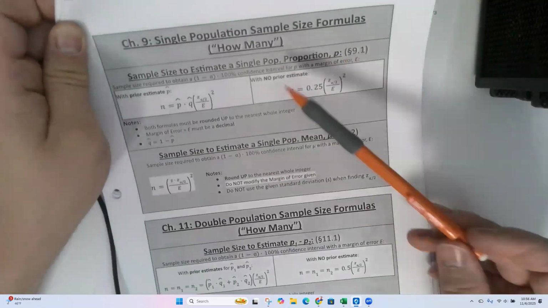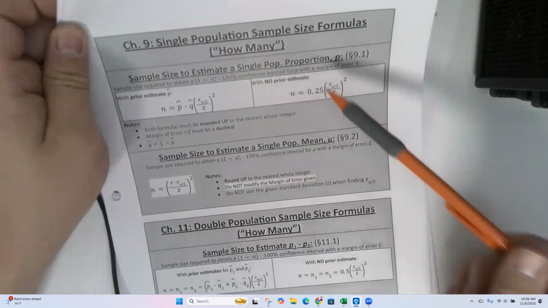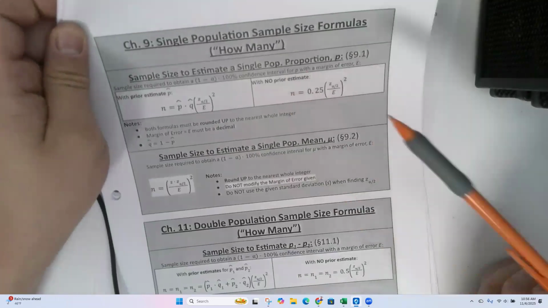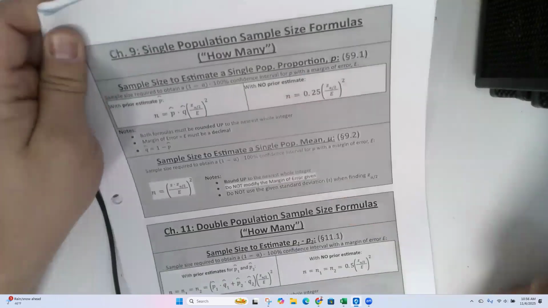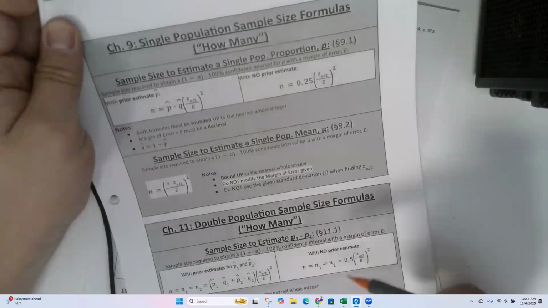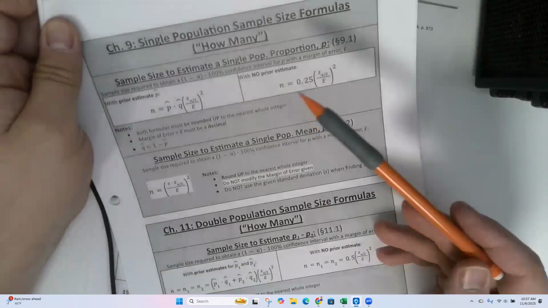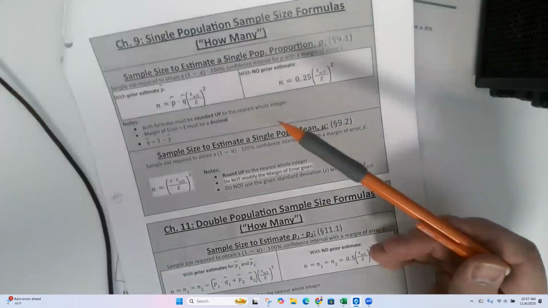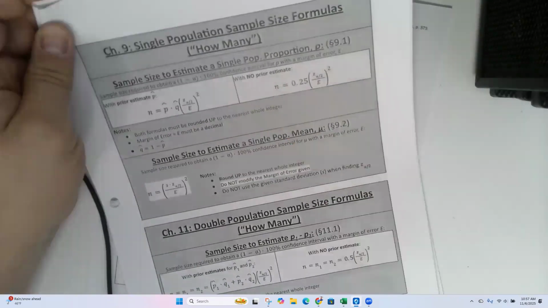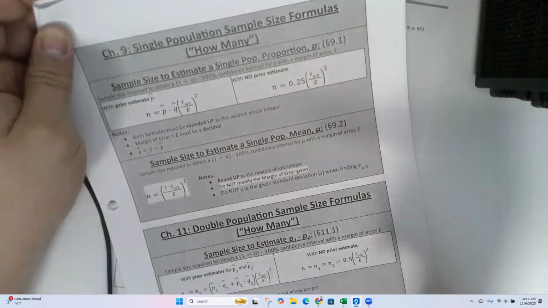And I've said this before, there are a lot of similarities depending on whether you're looking at a proportion or a mean, and so that's why we cover them all together at the same time. Today, we're very focused on the proportion side, but pay attention on the chapter 9 review and the cumulative review and the final exam: are we looking at proportions or are we looking at means? It'll usually be obvious.